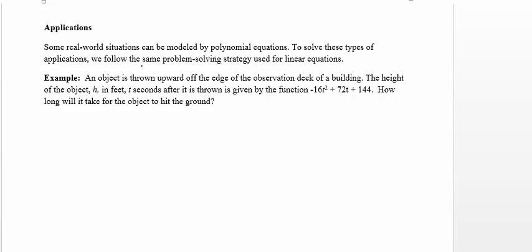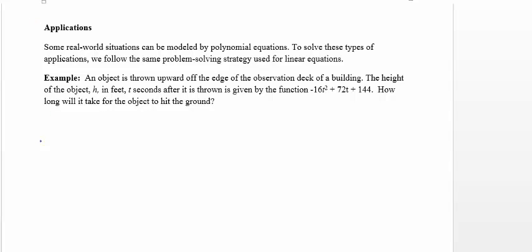Alright, let's look at an application because some real-world situations can be modeled by polynomial equations. To solve these types of applications, we follow the same problem-solving strategy used for linear equations. The first part of the strategy is to read. So an object is thrown upward off the edge of the observation deck of a building.